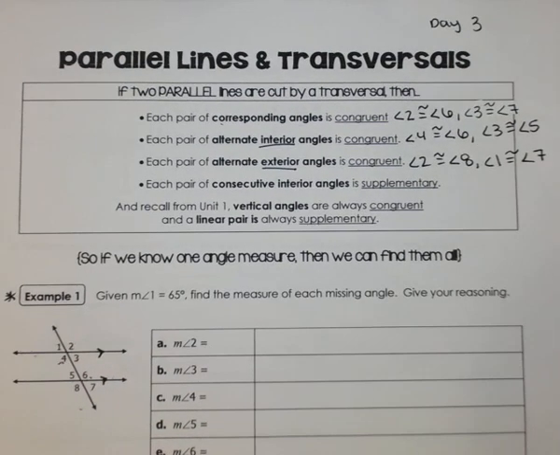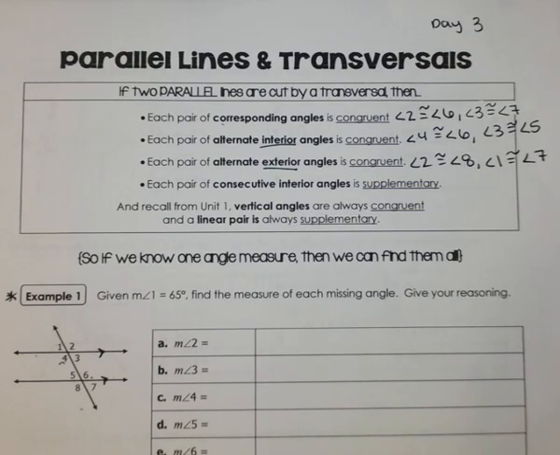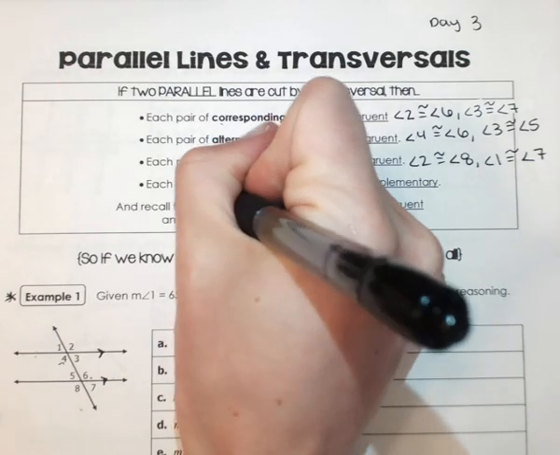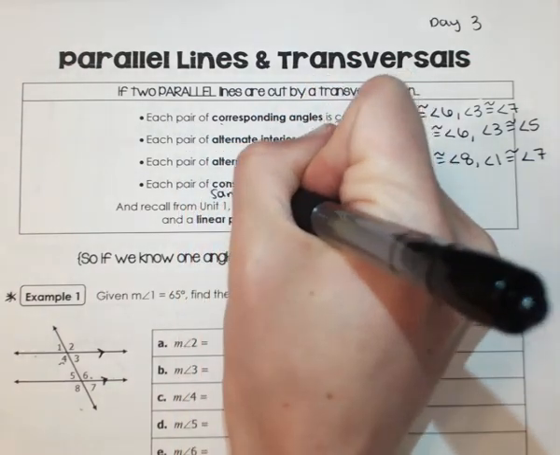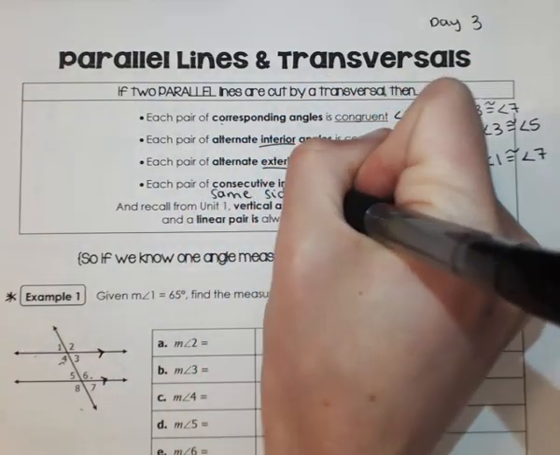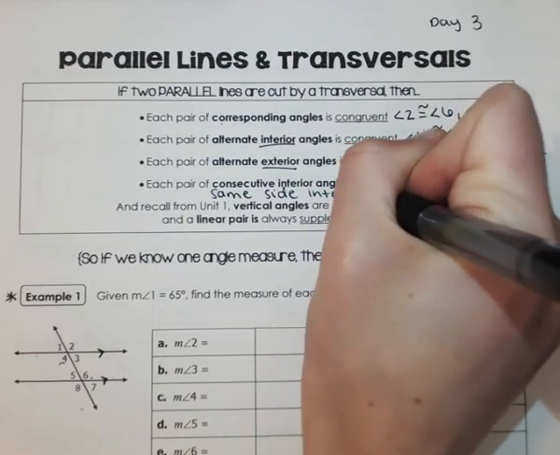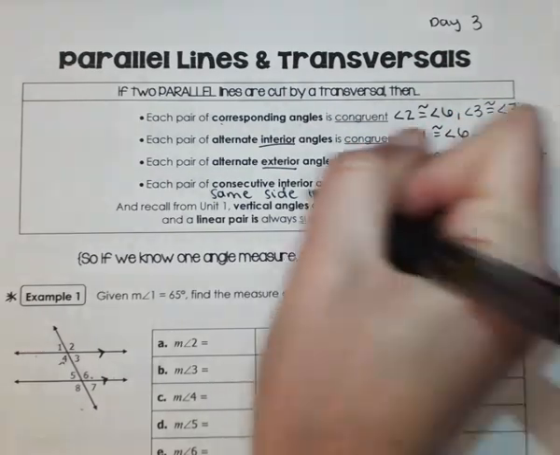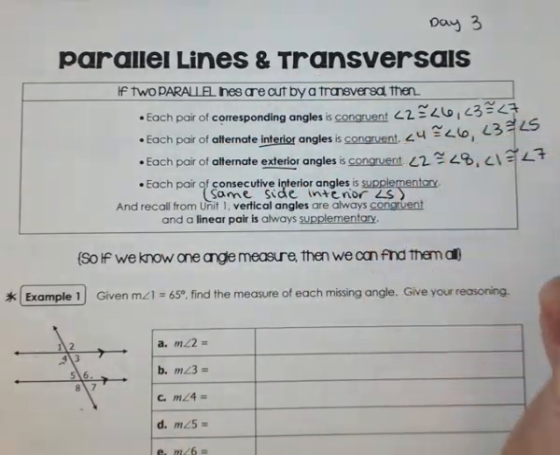The next type that we have is called consecutive interior angles. These can also be called same side interior angles. These are supplementary.